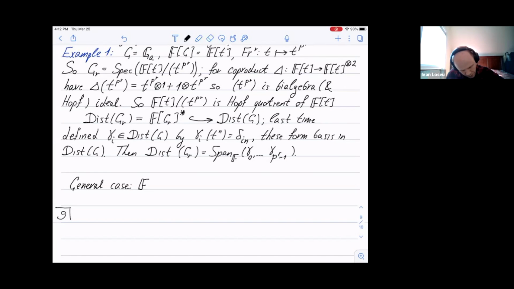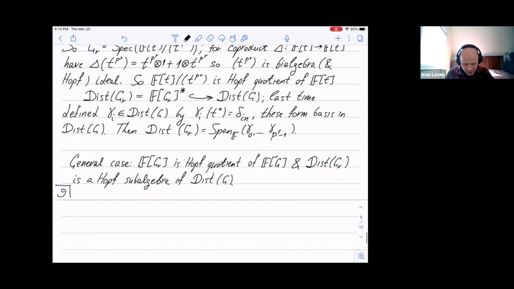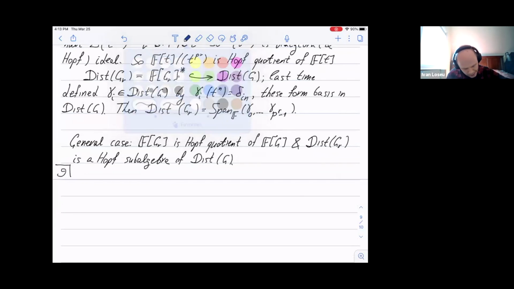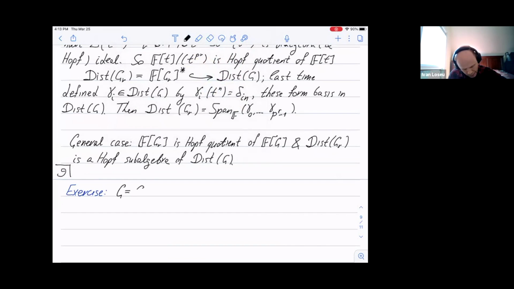We still have that F[G_r] is a Hopf quotient of F[G], and therefore the distribution algebra is a Hopf subalgebra of distributions of G. Exercise is to see what happens for the multiplicative group. So G is G_m.